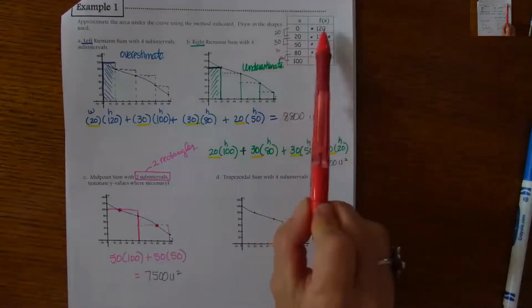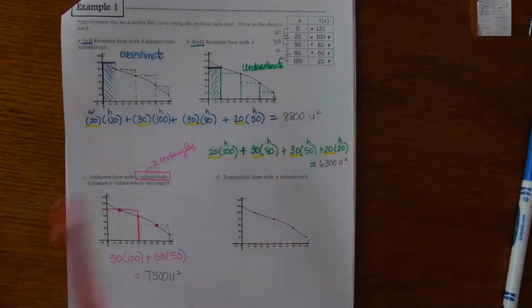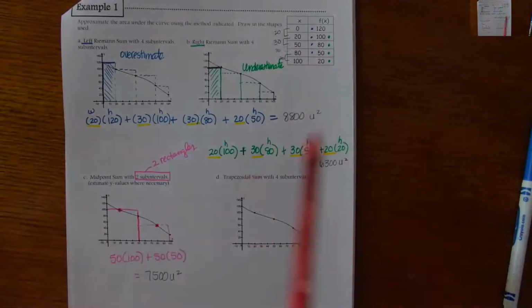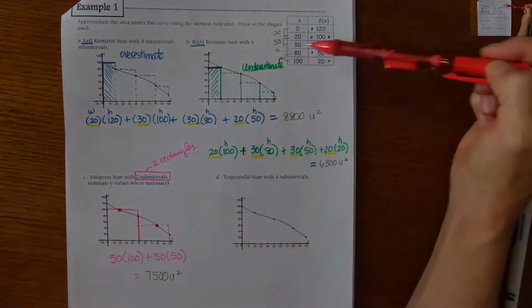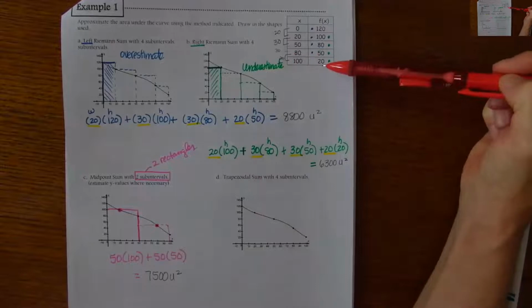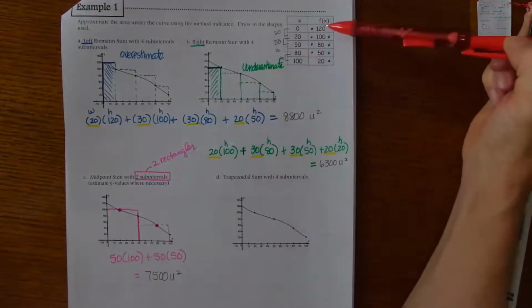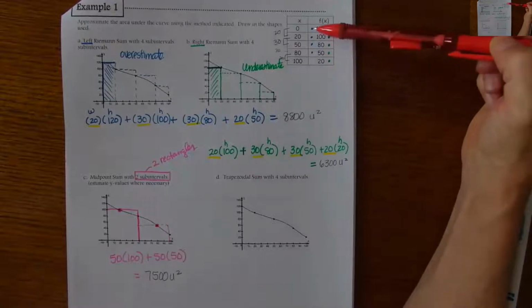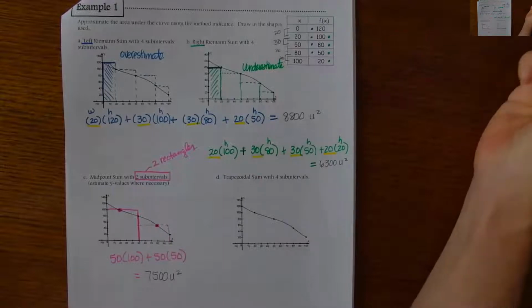It's just 20 times 120, 30 times 100, 30 times 80, 20 times 50. If I were doing a right Riemann sum, then I'm 20 times 100, 30 times 80, 30 times 50, 20 times 20. So you're just going to take that difference and multiply it. You have to look at the numbers and know to start with the first one for left and start with the second one over for right. Does that make sense? Do you see that pattern?